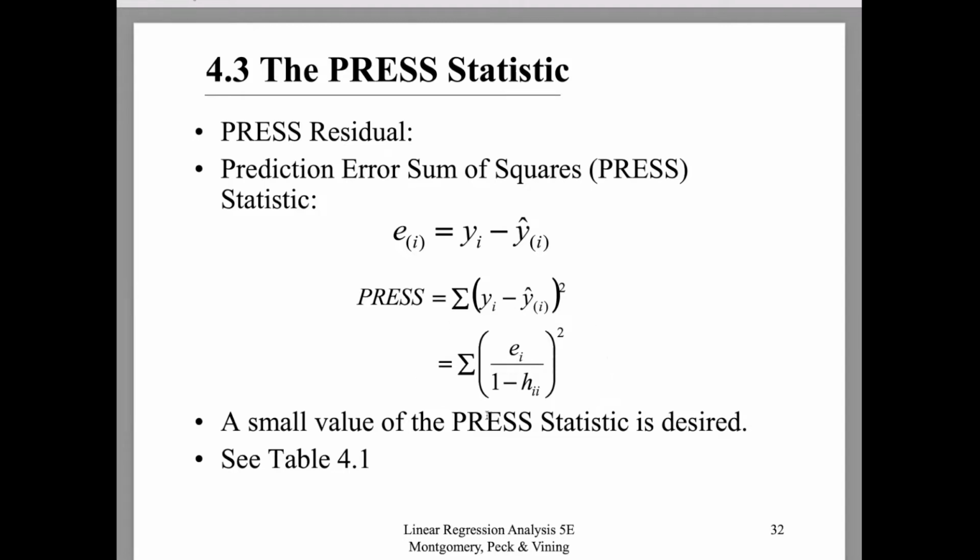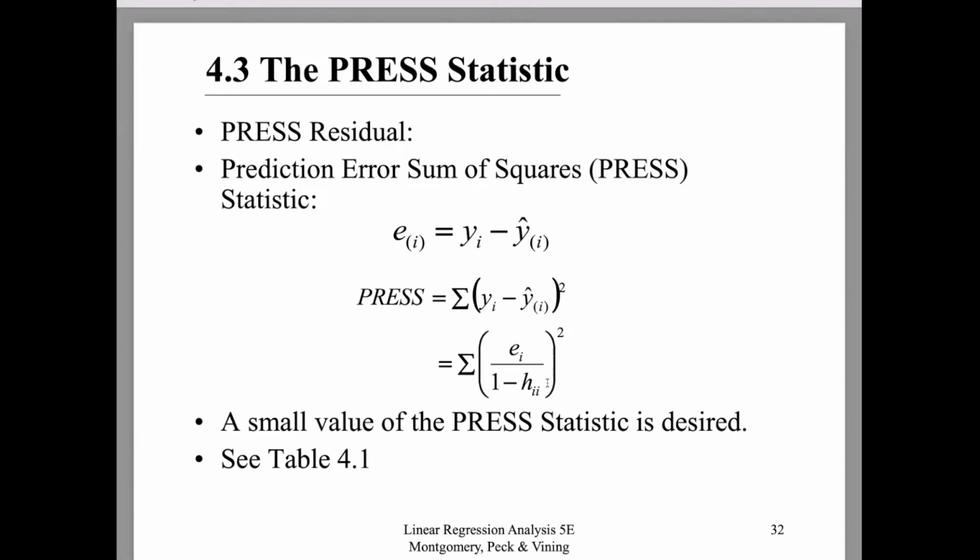It turns out that the PRESS residuals can be calculated not only as the difference between the observed value and the leave one out prediction, but also as the raw residual divided by 1 minus the ith diagonal element in the H matrix.